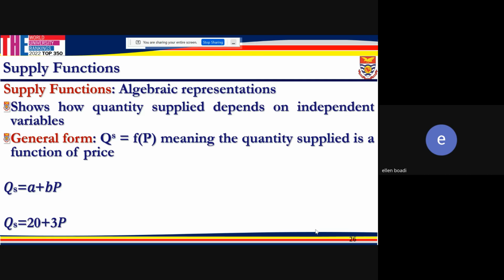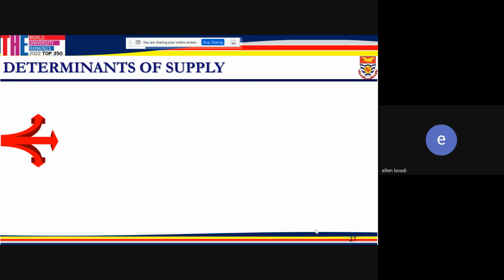We are not involving the other factors; in a way, we are ignoring them for now. We are looking at just the relationship between the price and the quantity supplied. So here, our autonomous supply is 20, and the coefficient or intercept is 3. So that is our supply function.